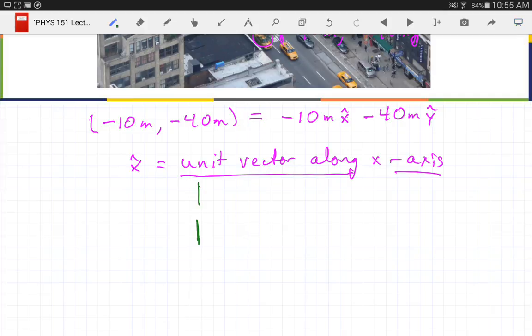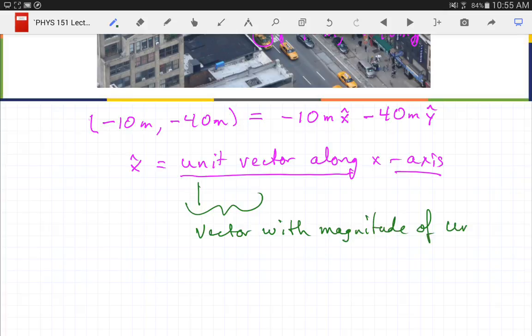Vector has direction and magnitude. So a unit vector, I'll combine these, is a vector with a magnitude of 1. Unity is another name for 1. So it's a vector with a magnitude of unity.